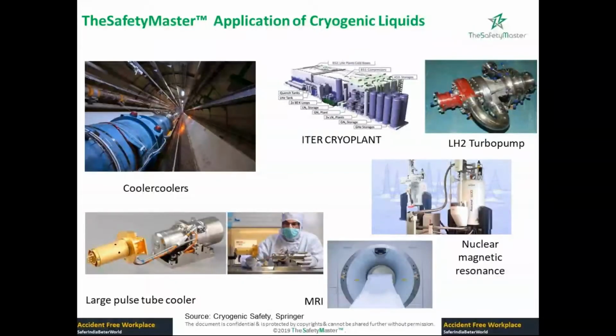Then you have the ITER cryo plant in the south of France, which uses liquid nitrogen and liquid helium. It's a fusion reactor for energy production, a project in collaboration with India also.